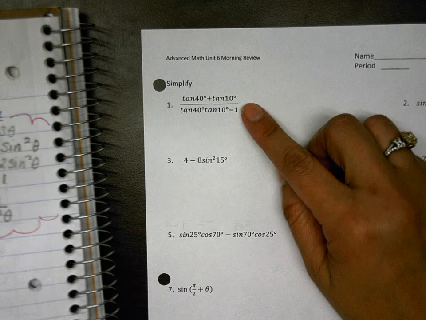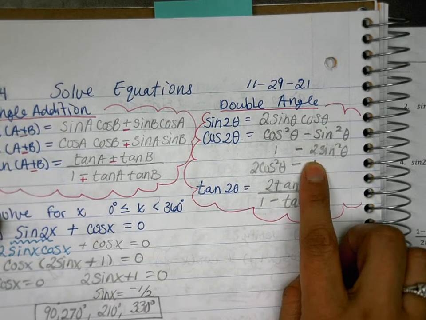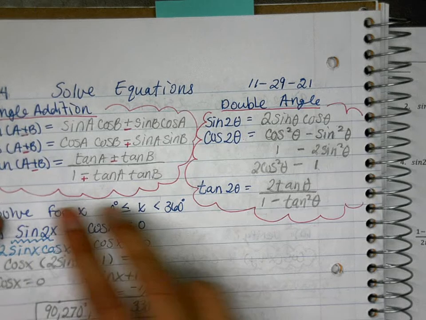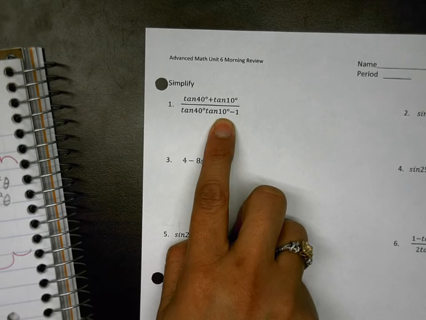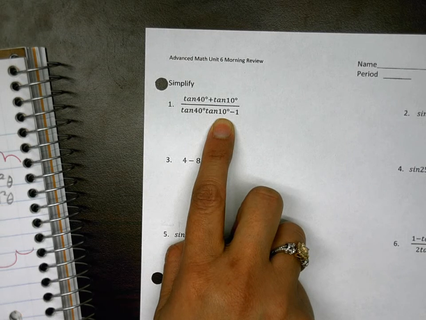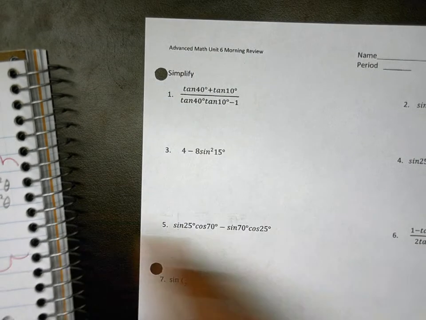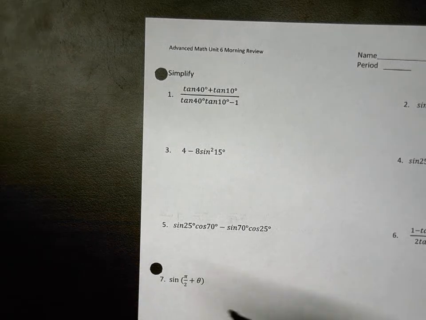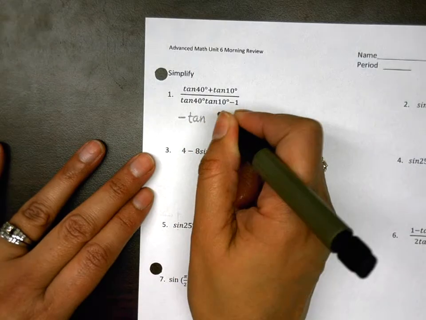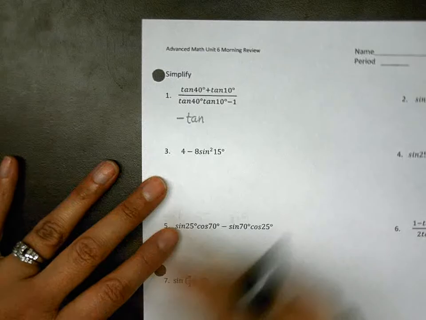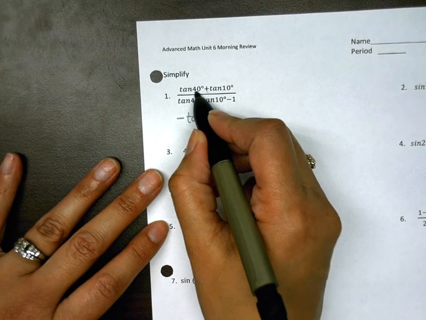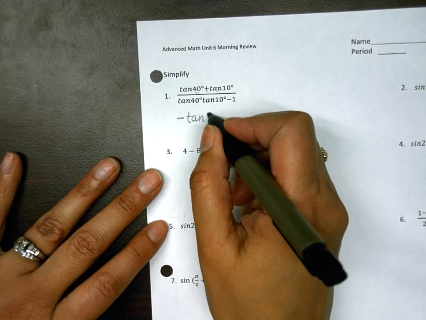With any of our formulas that has a subtraction sign, which this one does, you check to see if it's flipped on the negative sign. Is this one flipped on the negative sign? Thumbs up or thumbs down? Okay, it is. If it is, that means positive tangent becomes negative tangent, of angle A plus angle B, plus because that's between the two tangents.